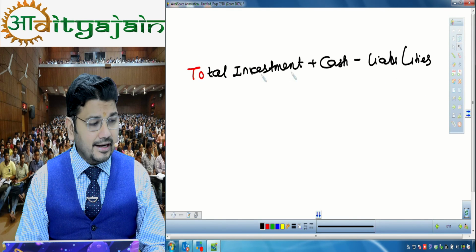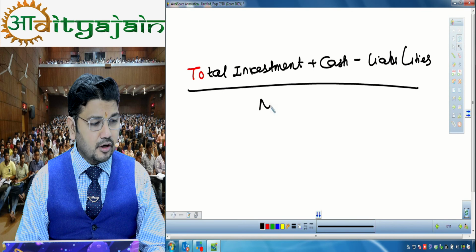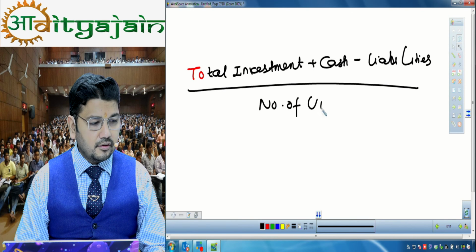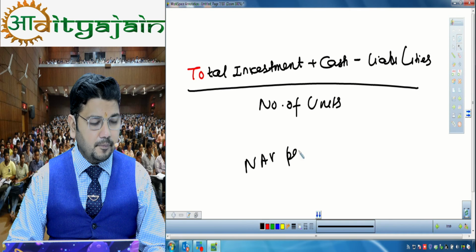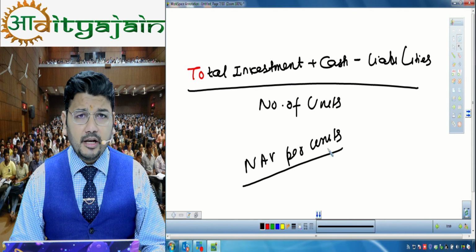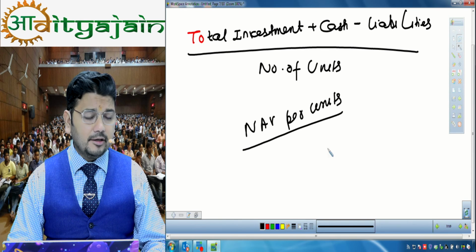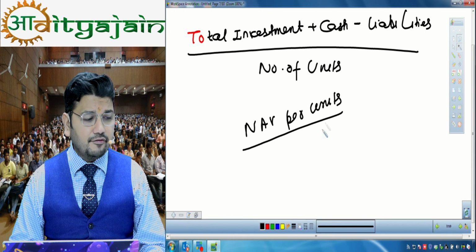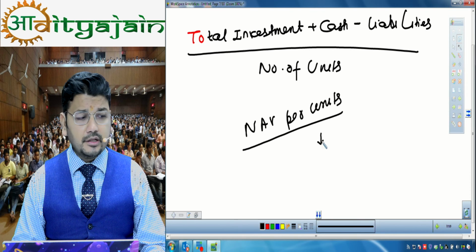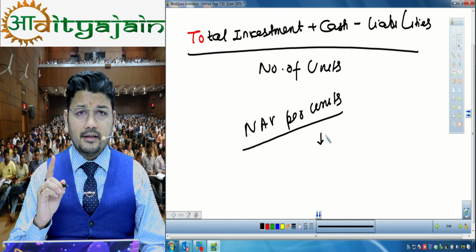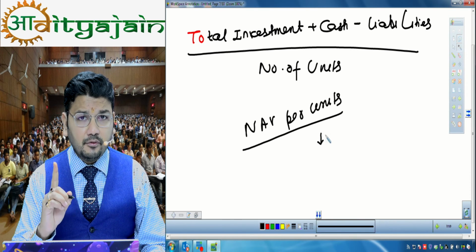Net asset divided by number of units will give us NAV per unit. What does it mean? It means that if I want to purchase this mutual fund scheme's units, I will have to pay this much NAV for purchasing one unit.